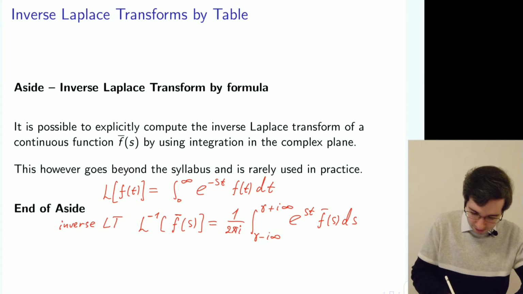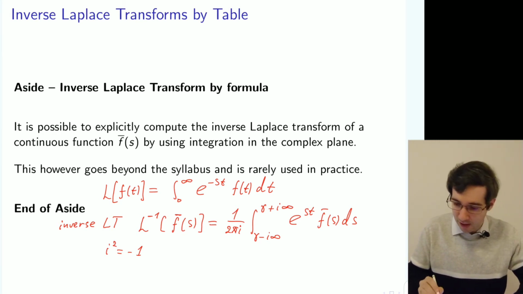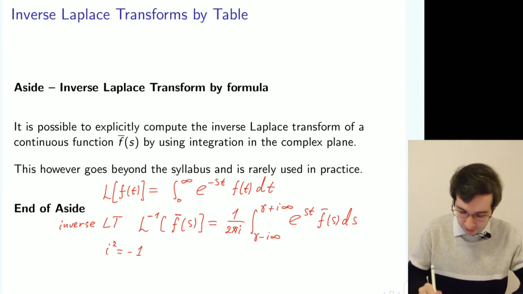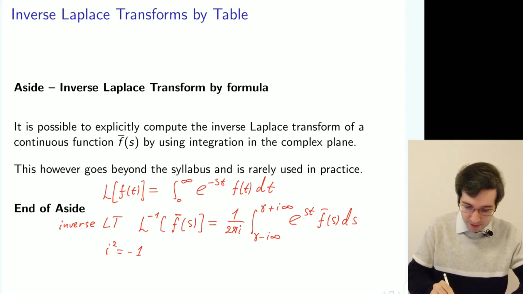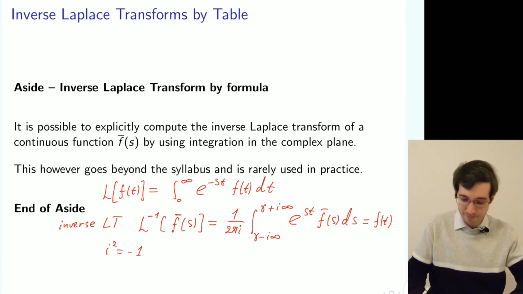So i squared equals -1, and gamma is just a real number chosen in a special way so that the integral can be computed. So that is the inverse Laplace formula, which will produce the original function f of t.